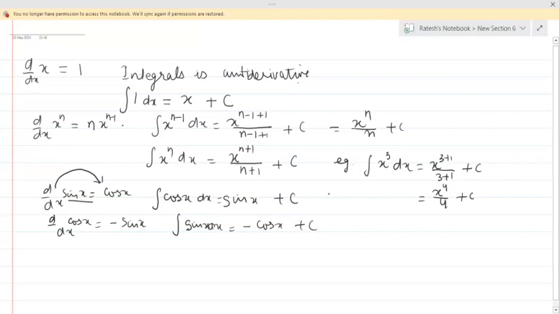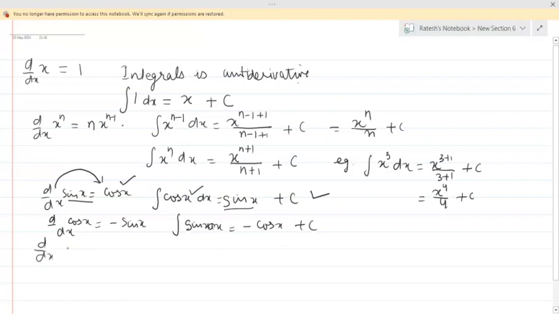Previously we have done that the derivative of sin x is equal to cos x. Similarly, the integral of cos x is equal to sin x. And the derivative of cos x is equal to minus sin x, so similarly, the integral of sin x will be equal to minus cos x plus c. Got it?